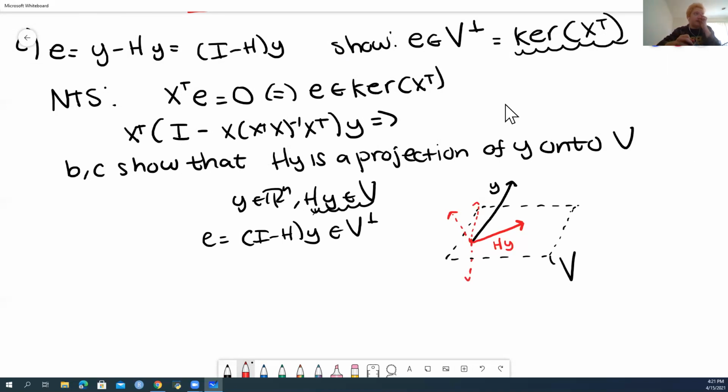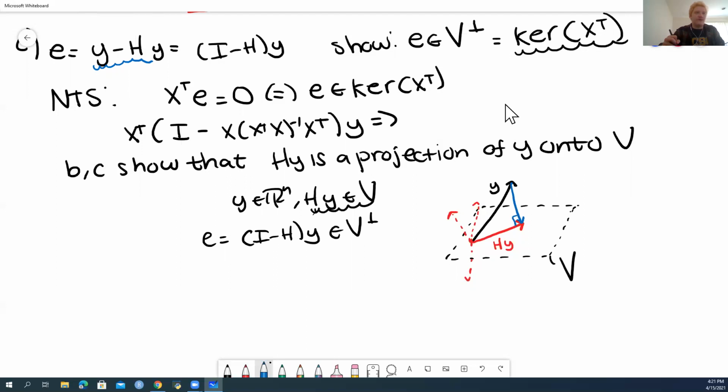But then we have the fact that I minus H times Y, so Y minus HY, is orthogonal to V. Y minus HY is the difference between Y and HY. If it's orthogonal, that means that when I go from Y to HY, I should be going down vertically.